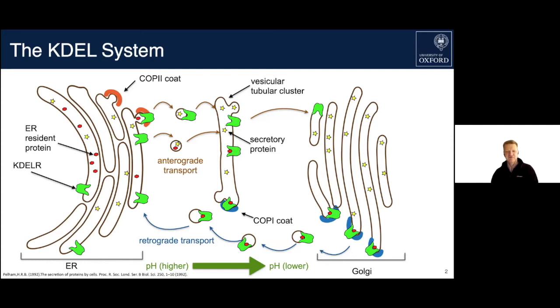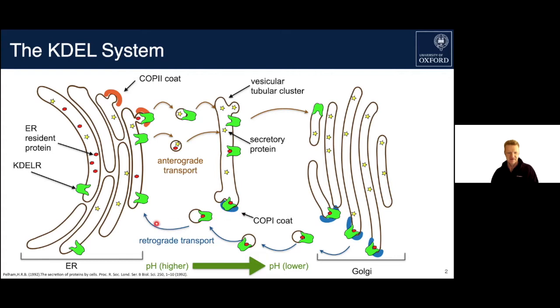They recognize a sequence, or tag, on the end of these ER resident proteins, which is basically KDEL. The KDEL receptor recognizes these proteins, and that initiates the binding of COP1 to form a complex, which buds off via vesicle formation.